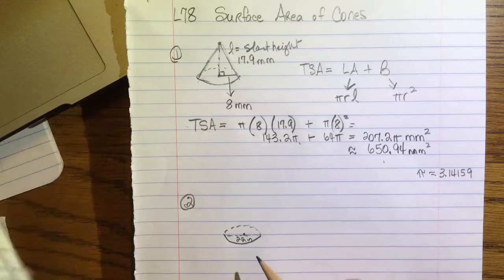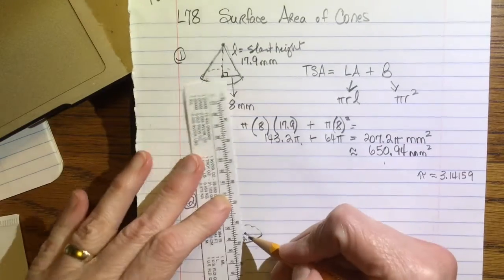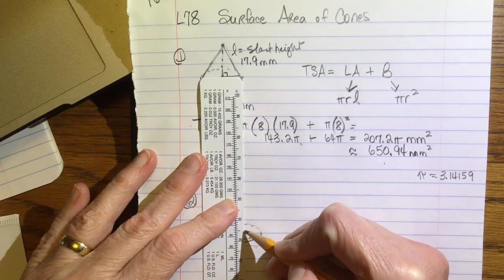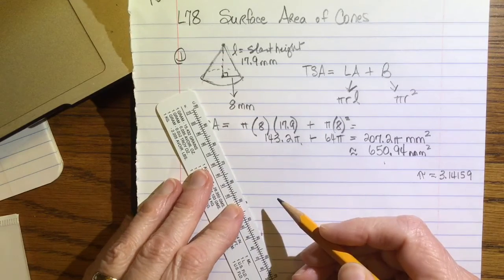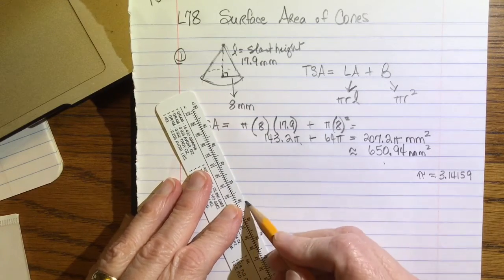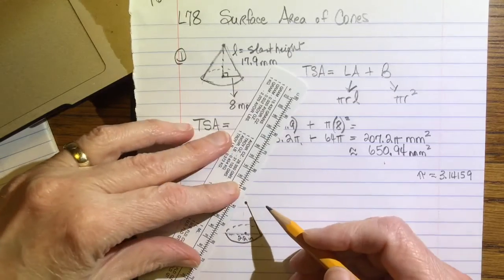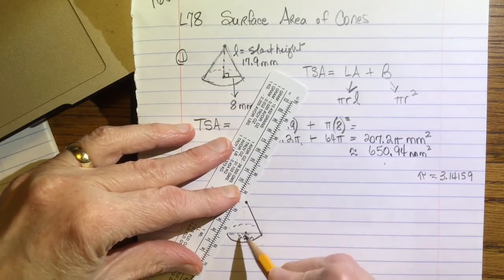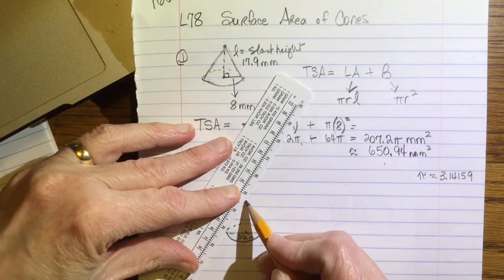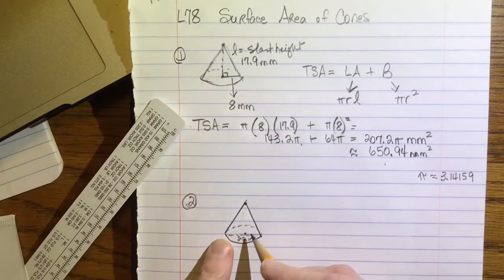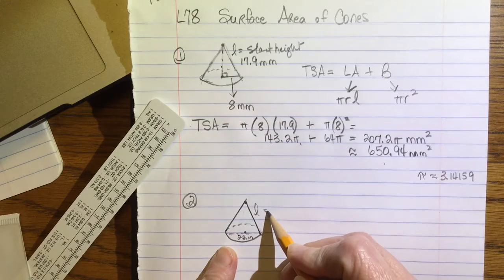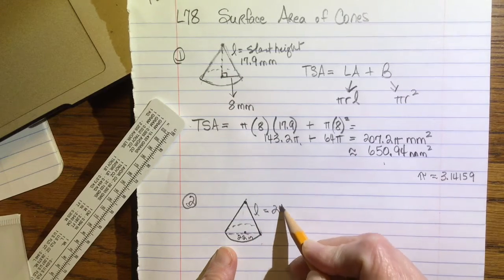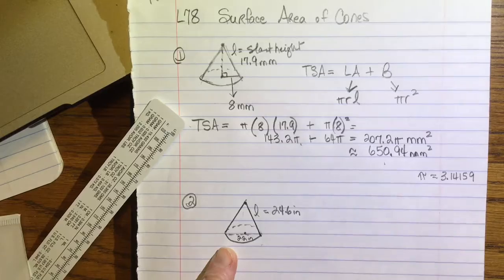And you don't even have to draw the height. You could even line it up so that it would be a right cone instead of being oblique. Remember, the apex is right over the center of the circle. And so when I connect those, I'm going to let the slant height be 24.6 inches.